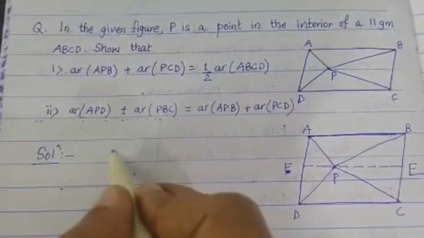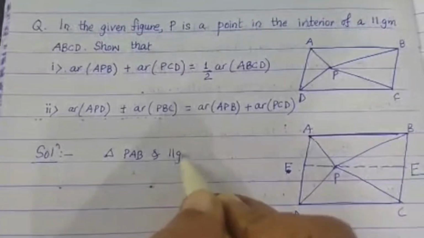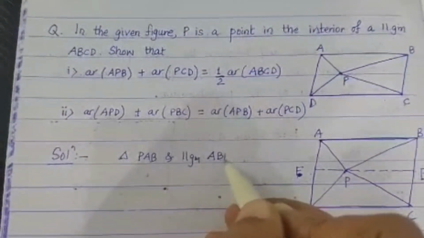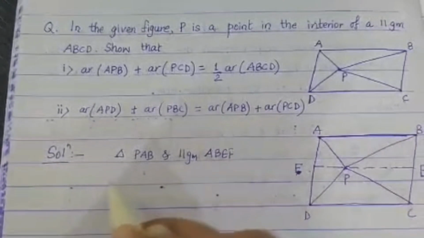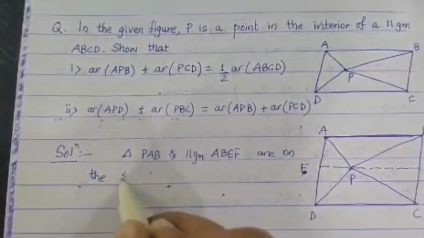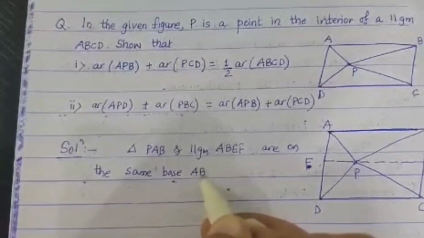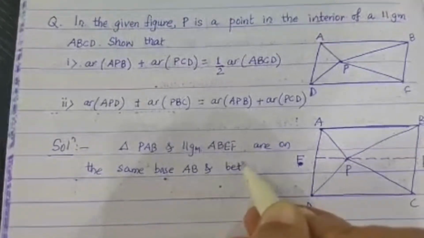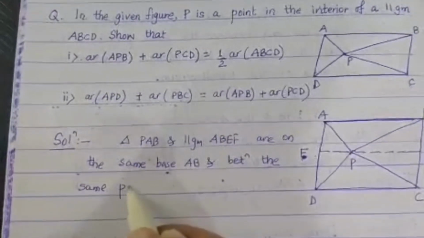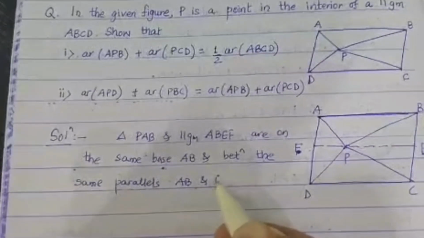So triangle PAB and parallelogram ABEF are on the same base AB and between the same parallels AB and EF.